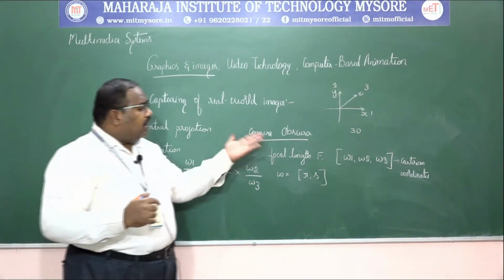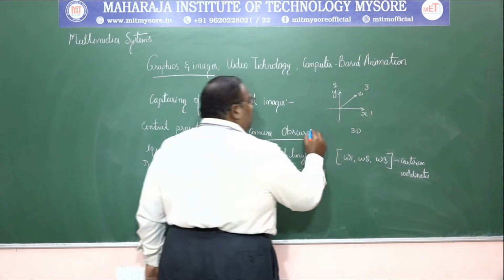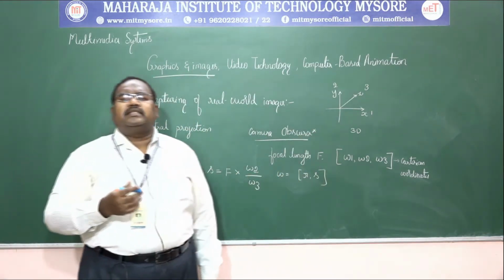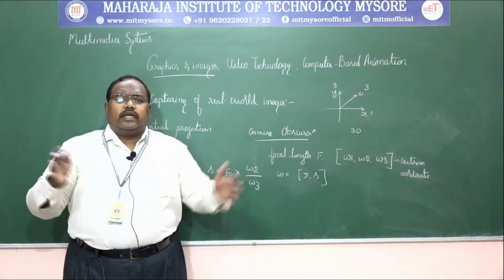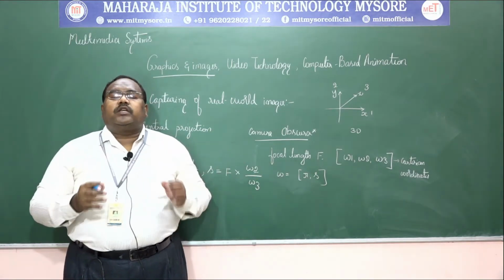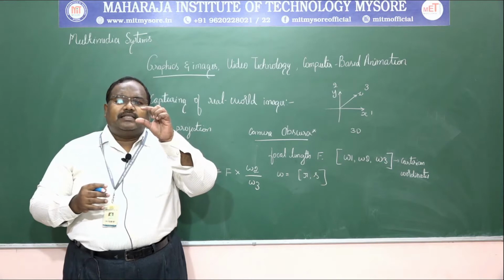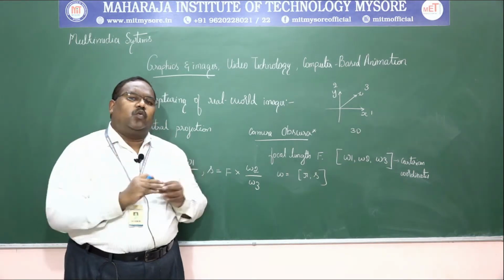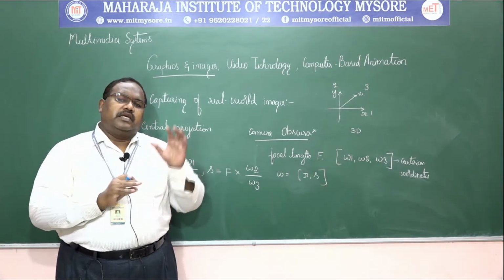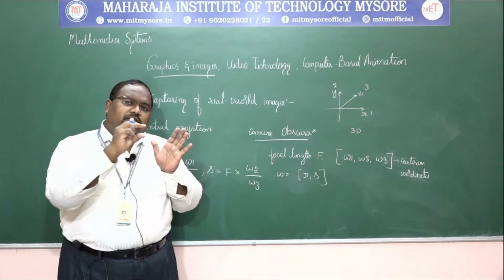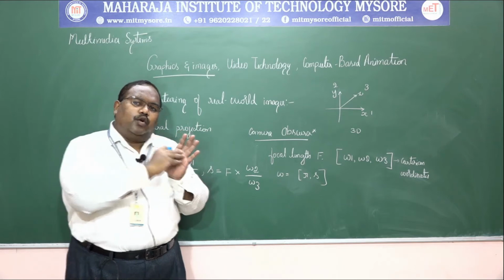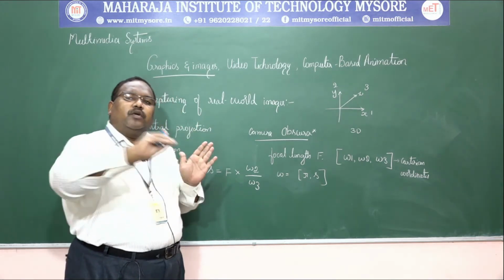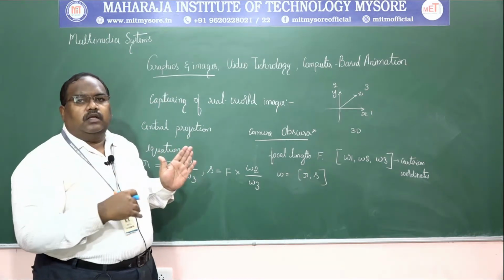So I wanted to recall what is camera obscura. When you talk about the camera obscura, it's a darkened room. So it's a pitch dark room with a small hole or a lens at one side through which the image is projected on the wall on the opposite side. Means here the image is there, we have a small hole or a lens through which the object in the reel or a box is projected outside on the wall.